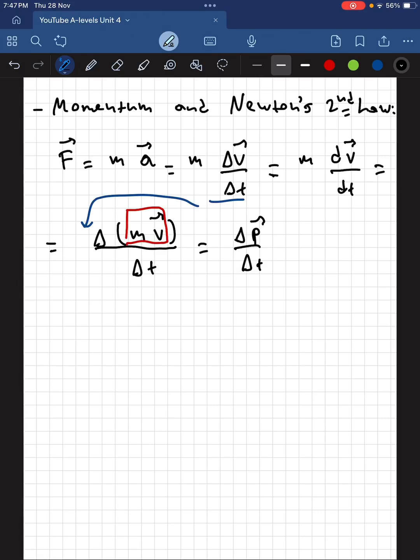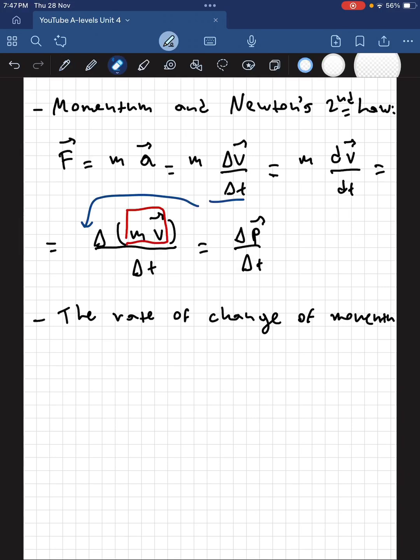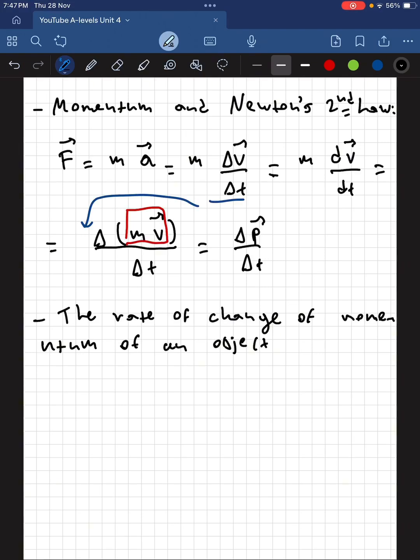This is a significant result because this is how Newton actually defined his second law. So in words, and you might be asked, let's write this down. The rate of change of momentum of an object, and what is this rate of change of momentum?